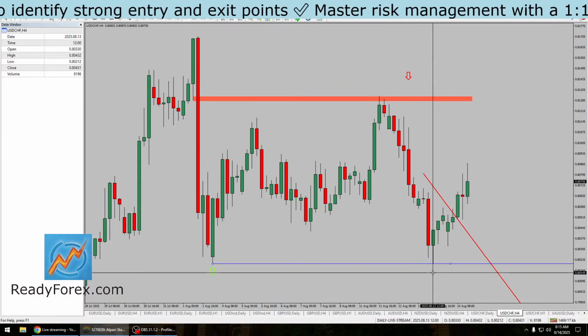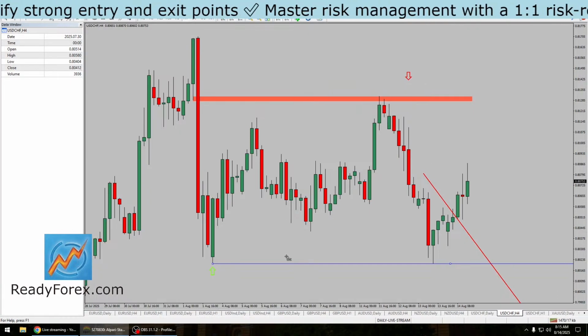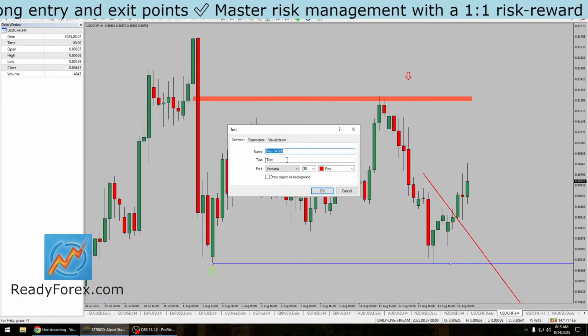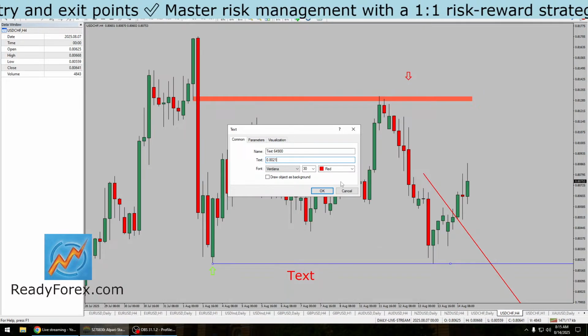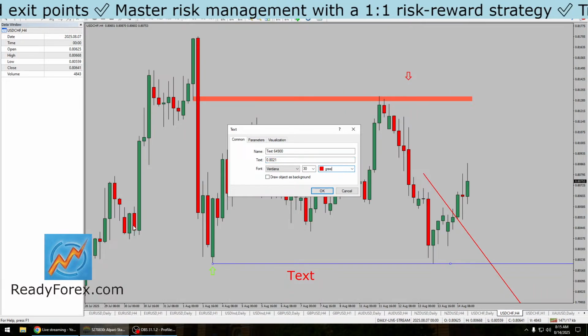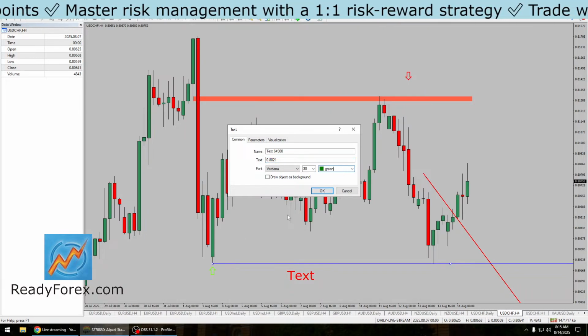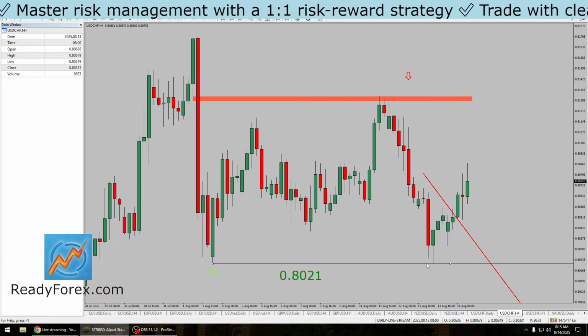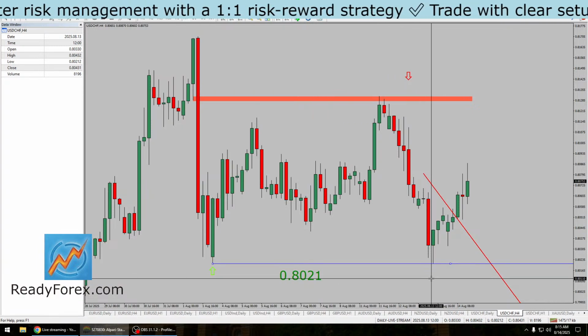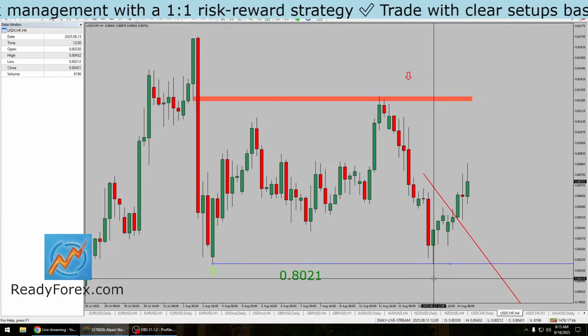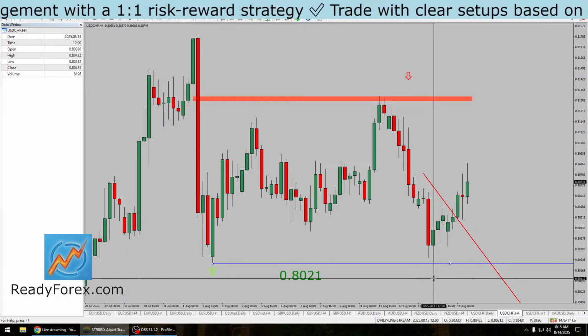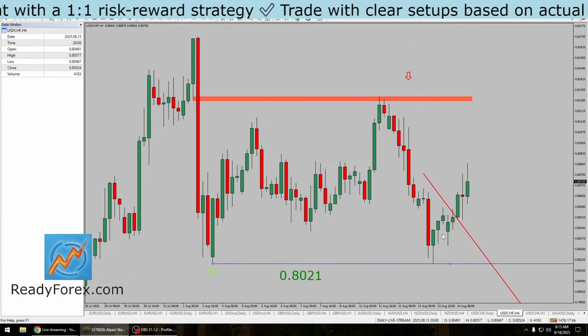I think we got a hit over here. Let me write it down, the number first. Okay, so 0.8021. Now the low we got is 0.8020. So it's the equal one.